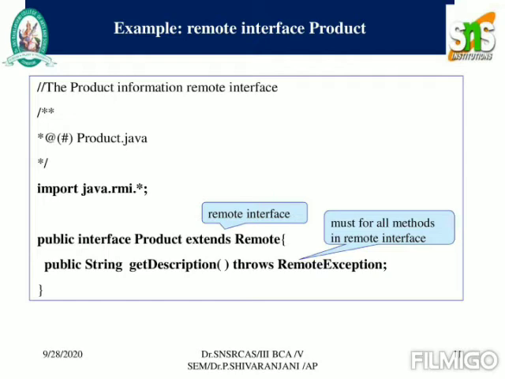The next one is I have created an interface called product, which extends the class called Remote. Inside the interface product, I have defined a function called getDescription. It also throws an exception if there is an error in accessing the particular product. If there is any difficulty in accessing or getting the description of the product, then it has to throw the exception to the user.